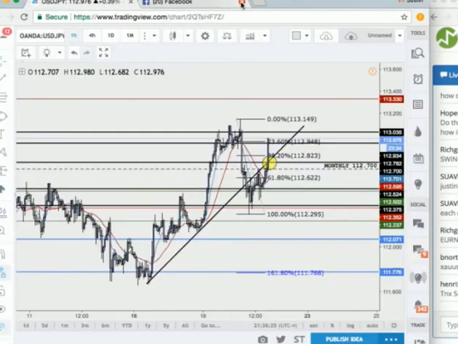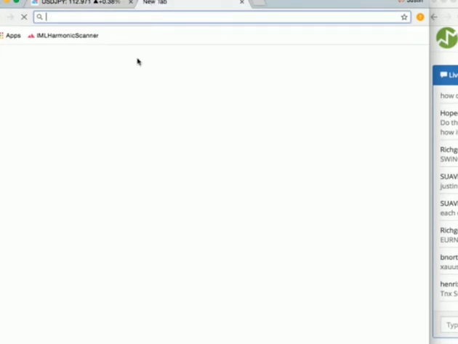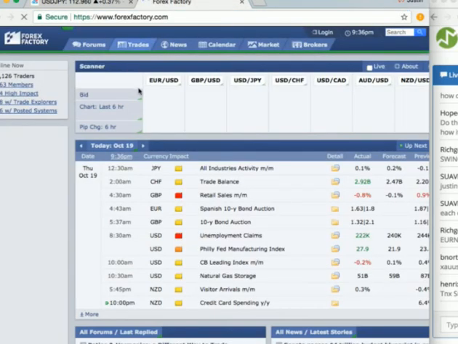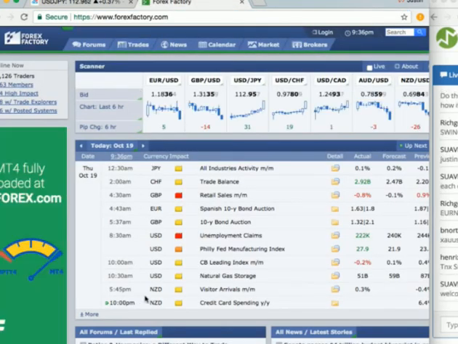See something real quick. No news going on, no nothing. USD is just bullish.